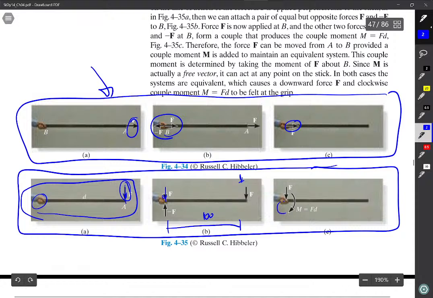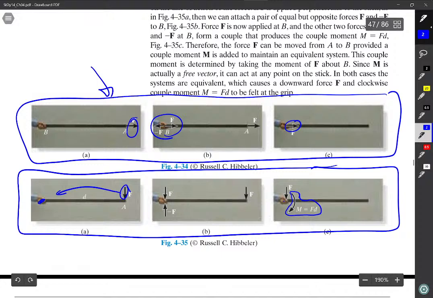It would take your wrist, you would have to twist that. So this is what he's trying to get at here: when you take a load and move it somewhere, in this particular case to the person's hand, you have to offset it with the moment, or include the moment due to the movement of that force.